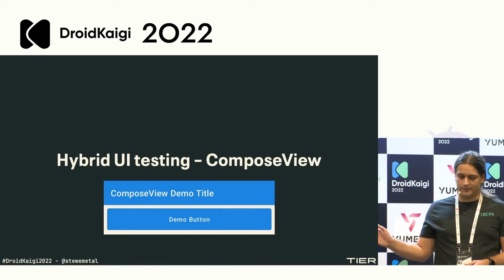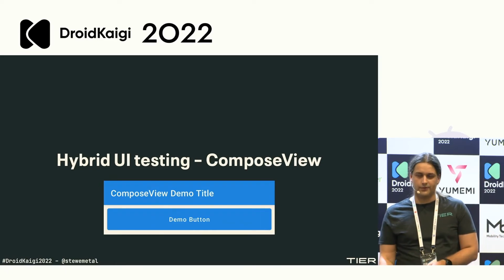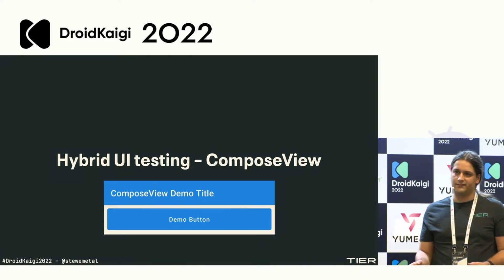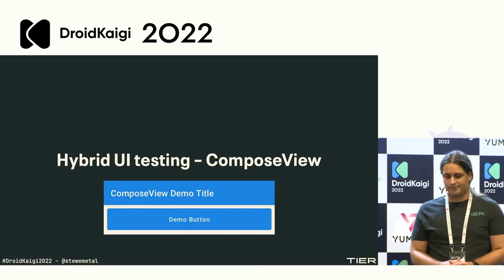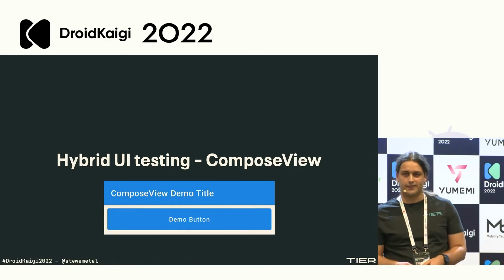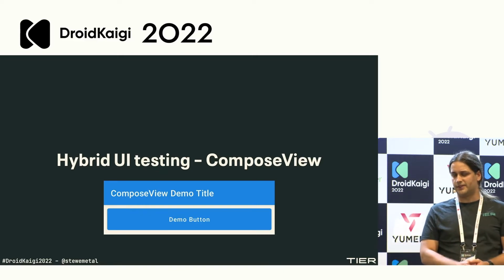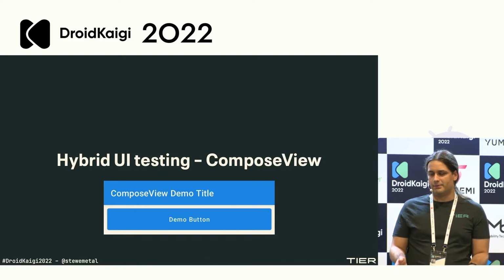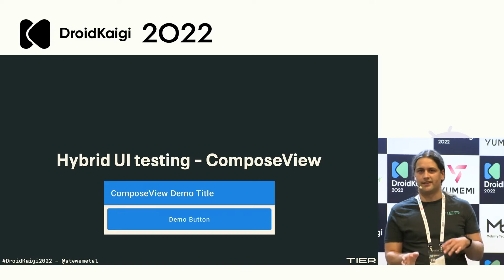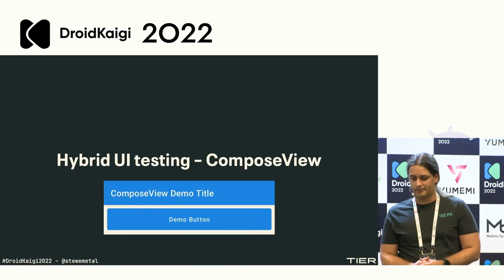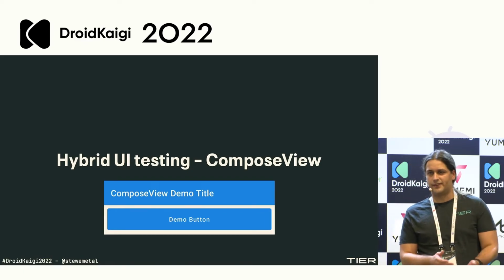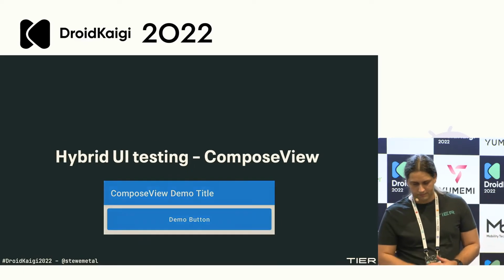The example is pretty small. We'll have a toolbar, and we'll have a button that will actually be Compose. Imagine the situation that you're already switching to Compose in your project, and it's easier to implement a fancy, animated button and add it to the existing screen than to rewrite the whole screen in Compose, of course.